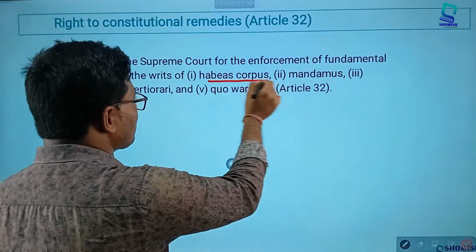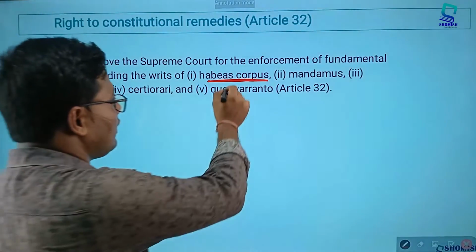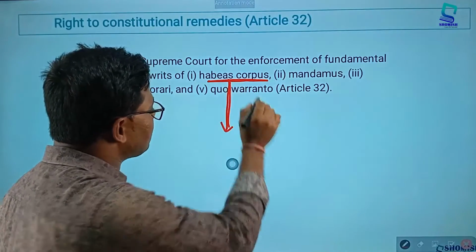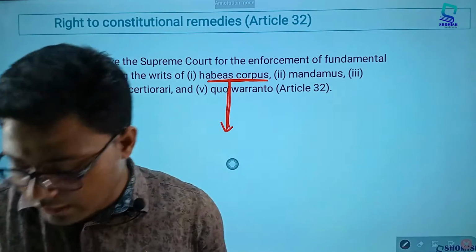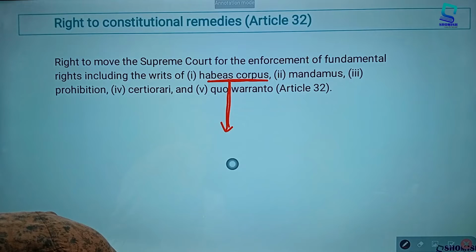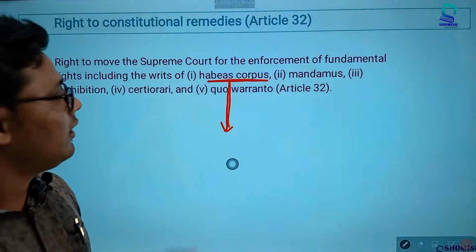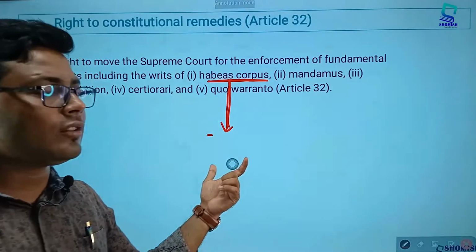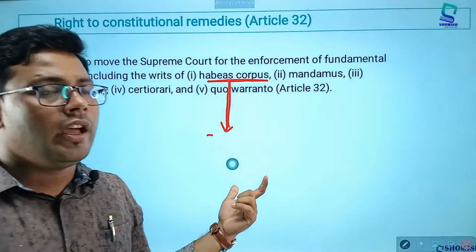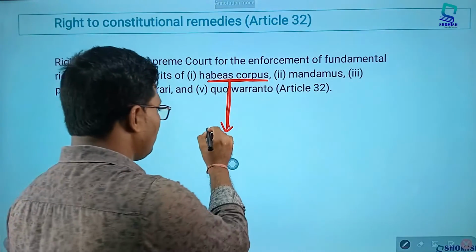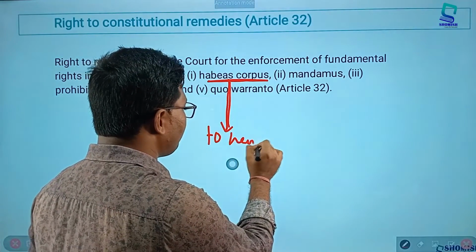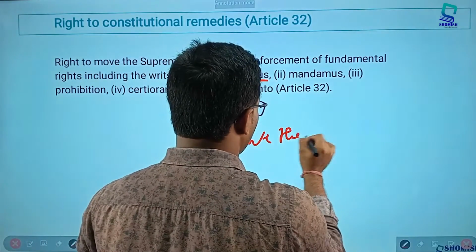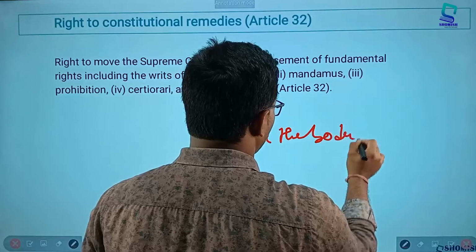And habeas corpus, what is the meaning of this? Its literal or Latin meaning is to have the body.